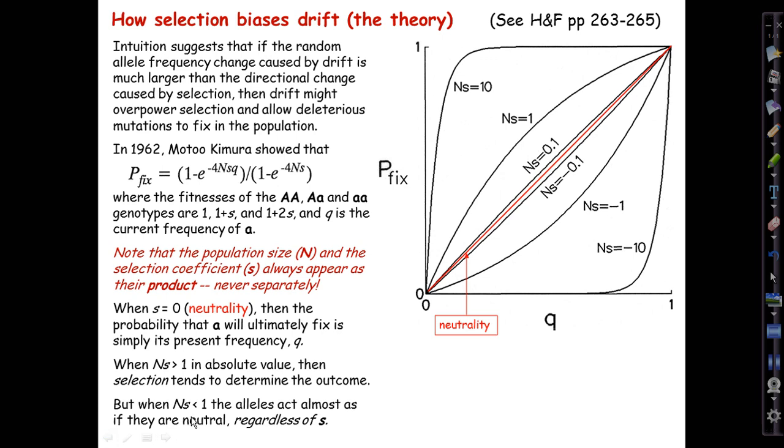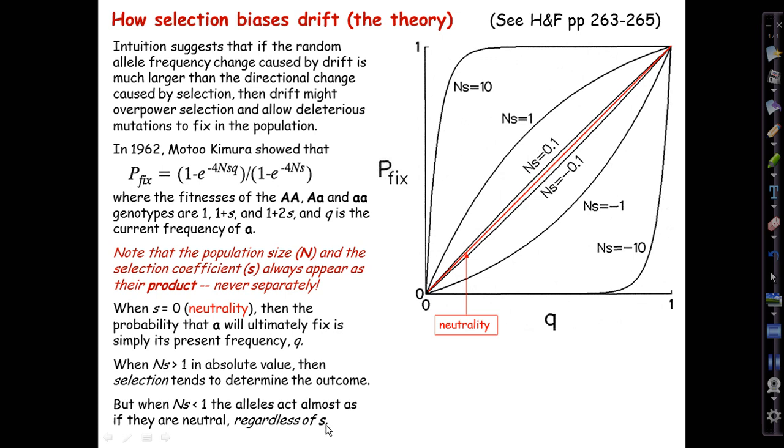But when, conversely, the product of N times S in absolute value is much less than 1, that would be these curves near the red line of neutrality. For N times S of the order of a tenth in absolute value, the alleles are going to act for all practical purposes as if they were neutral, regardless of how large the selection coefficient is.